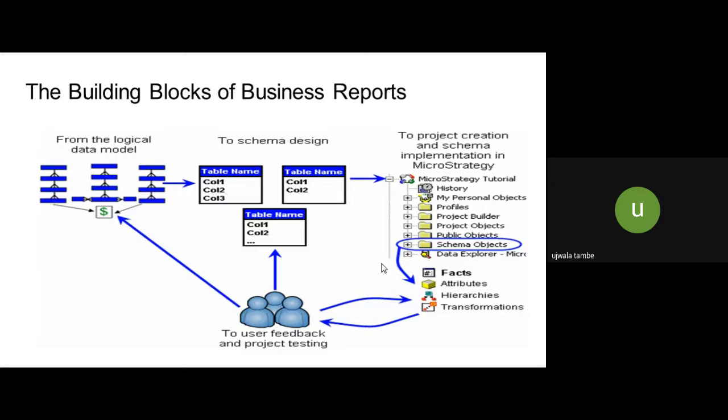Okay, so this is the representation of the building blocks of the business report. Whatever data is stored, we have to design the data model, and we have to define the relationship between the data or the records. So first, this diagram represents the logical model view of the data.